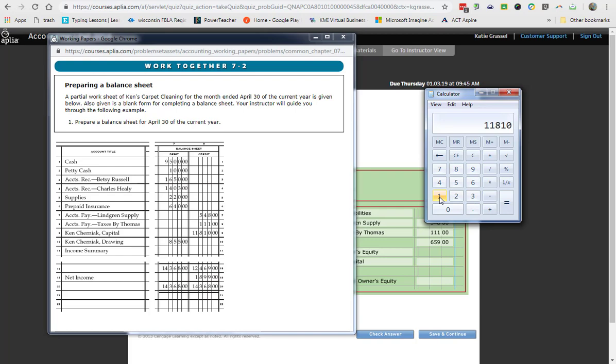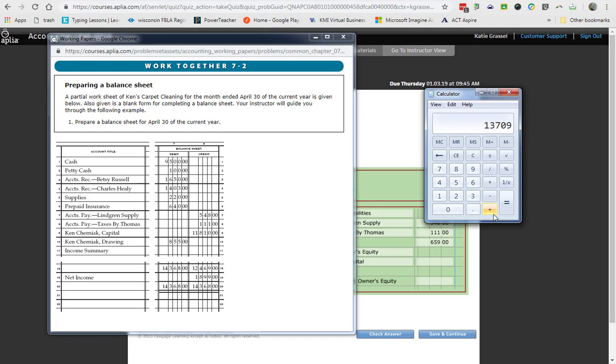Agreed? So, in my calculator, I have 11,810. I need to add 1,899. But I'm not done. What else do I need to do? What other numbers on here have I not dealt with?